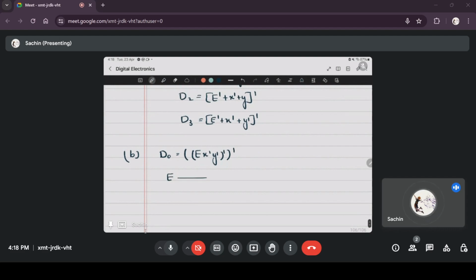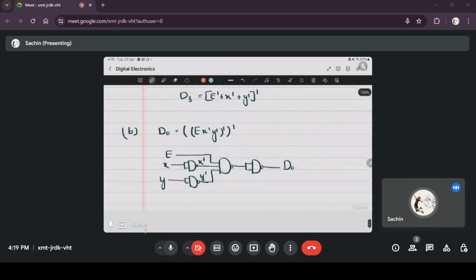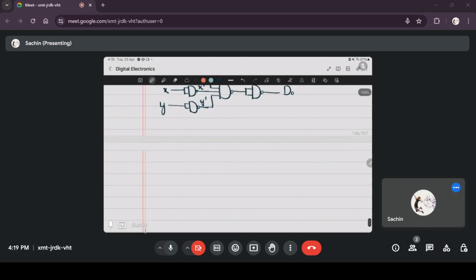Now you have E. From x you can get x bar by tying both inputs of a NAND gate to x. Similarly you can get y complement. Once you have these, you can give them as inputs to a 3-input NAND gate, and then you will have to complement it again, which will give you D0. You can do the same thing for D1, D2, D3.